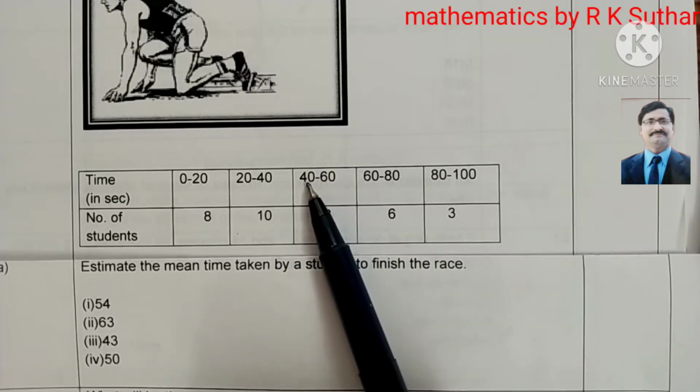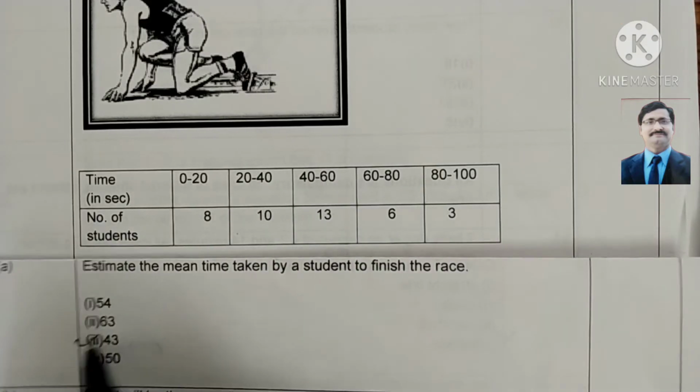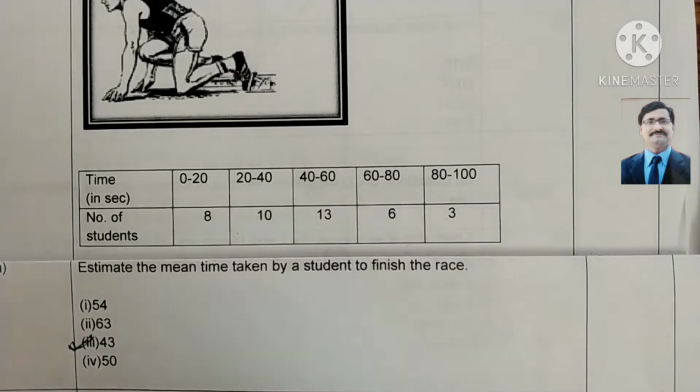So 43 is the estimated mean time taken by a student to finish the race.